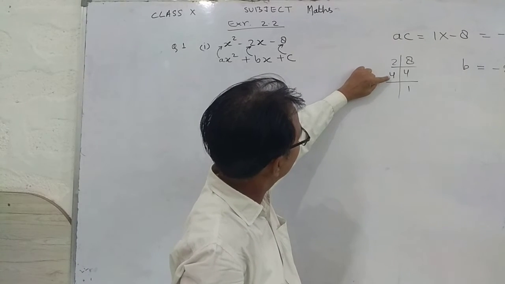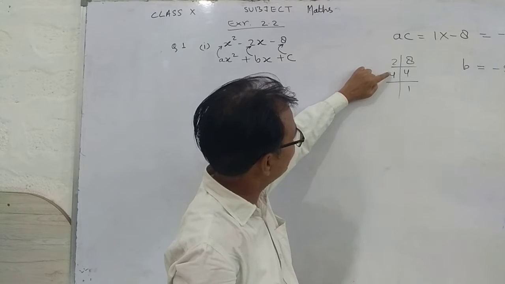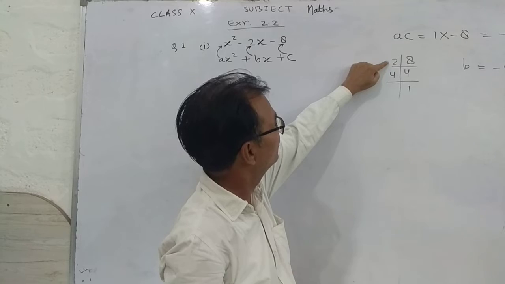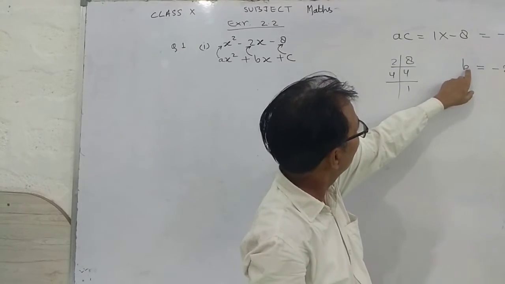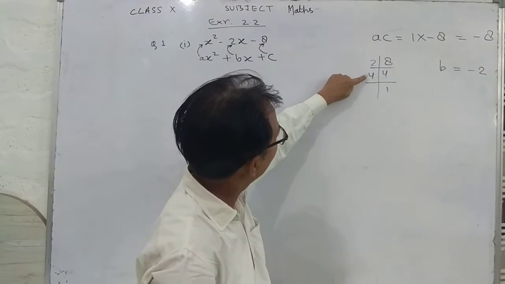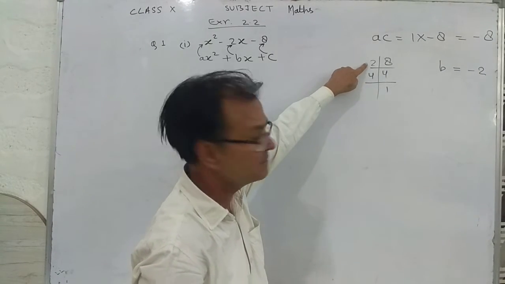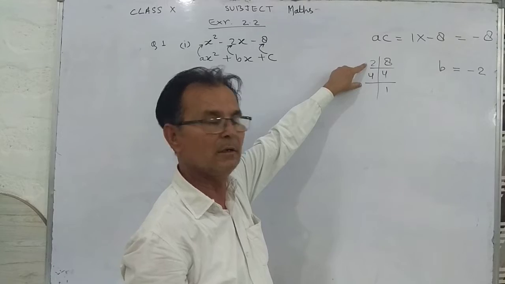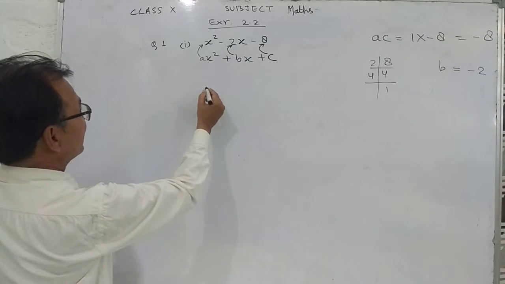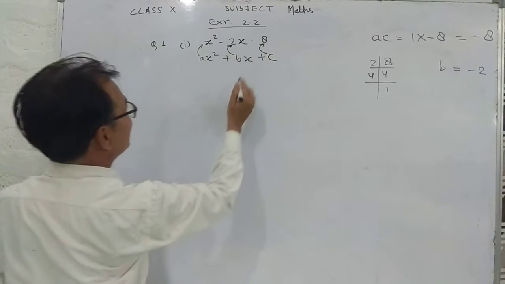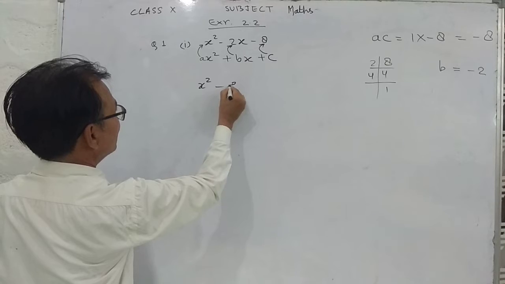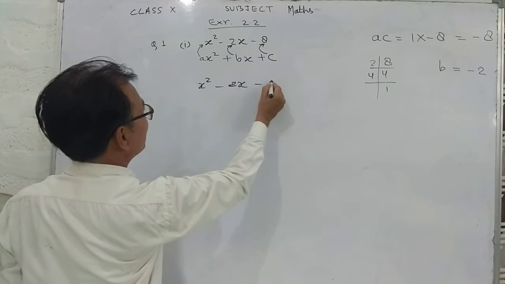If we take the first integer as negative 4 and the other integer as positive 2, we will find b as minus 2, and AC as minus 4 multiplied by 2 is minus 8. It means we will find the factors of x square minus 2x minus 8 as follows. X square minus 2x minus 8.